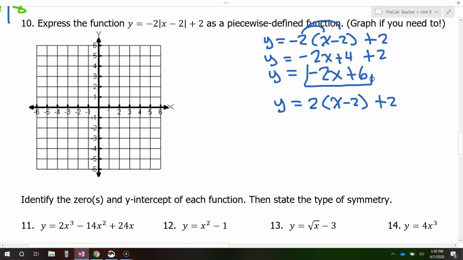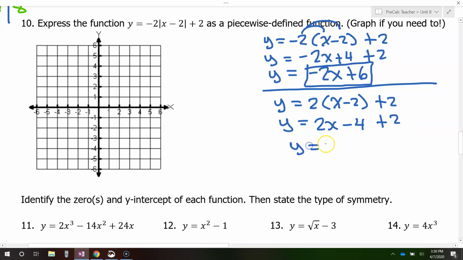So this is one piece of my piecewise function. Now with a +2, this is going to be y equals 2x minus 4 plus 2. So that'll be y equals 2x minus 2, combining like terms. This is the other piece of my piecewise function.